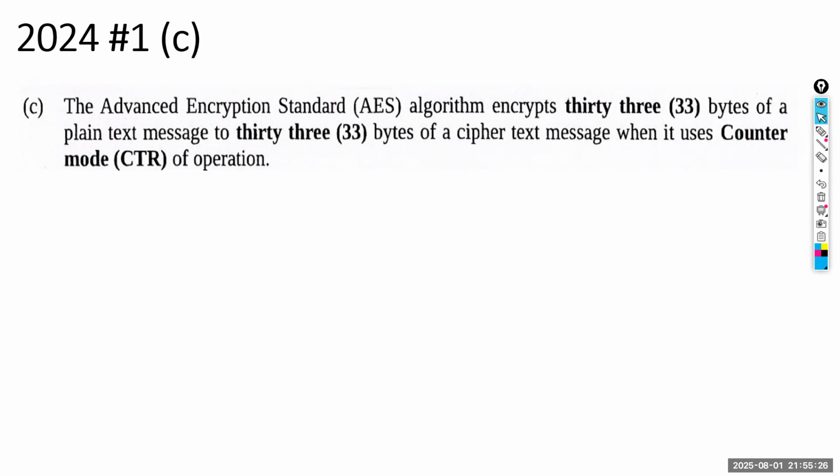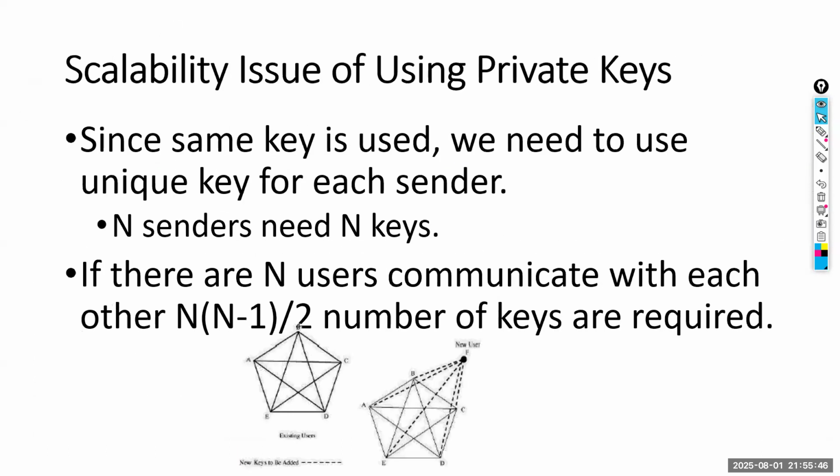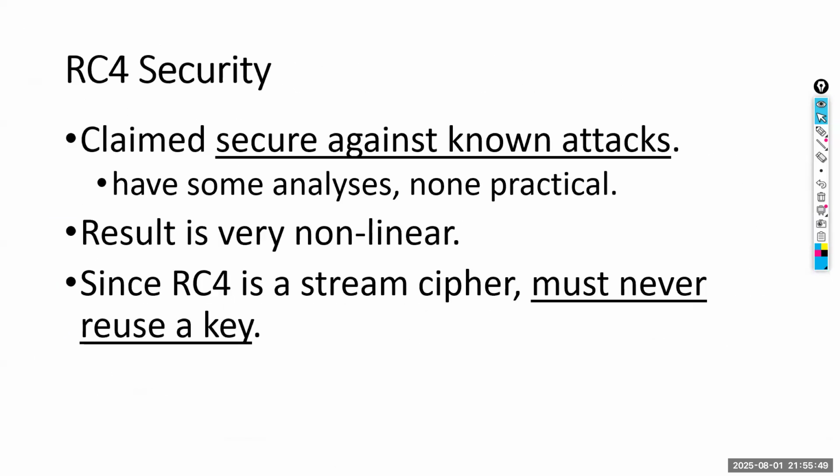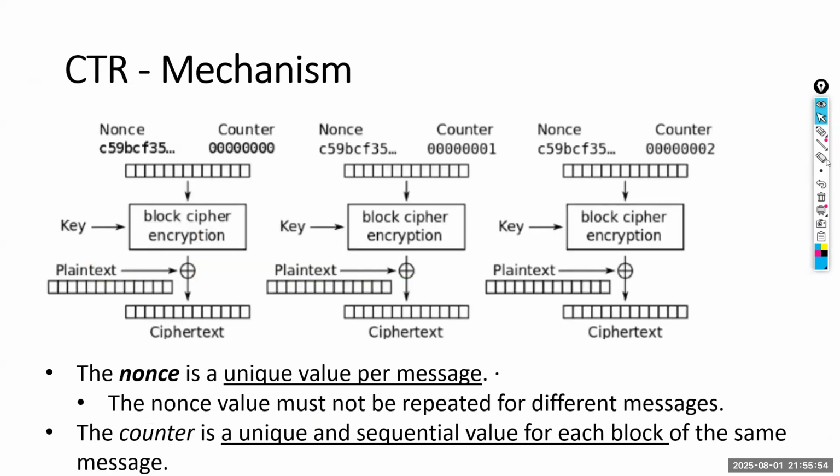So if your plain text is 33 bytes, your ciphertext is also 33 bytes because it's a very simple approach. Almost all the algorithms, the size is the same, because you just XOR your plain text block with the counter, right? Remember? You can see this is your counter and nonce, and this is your plain text.